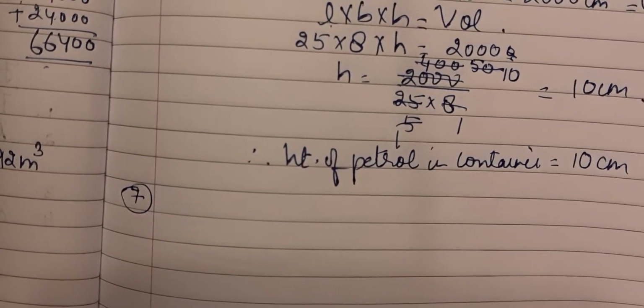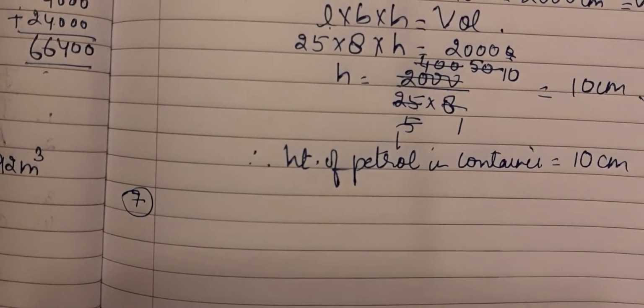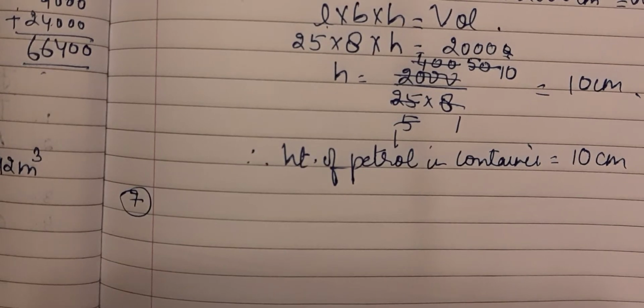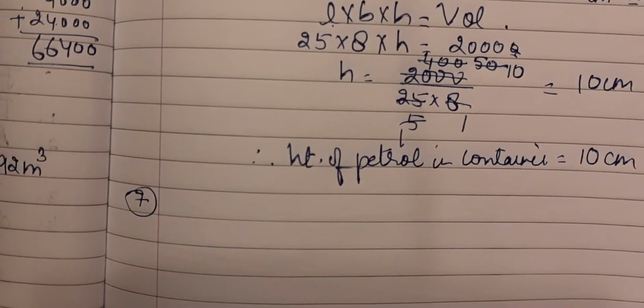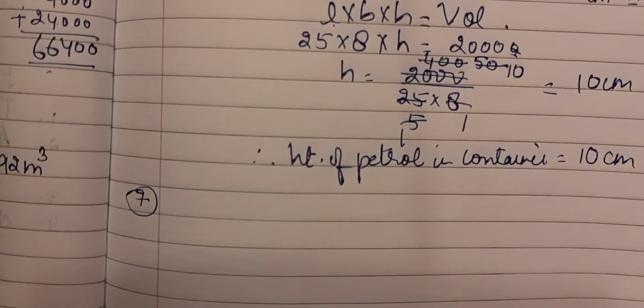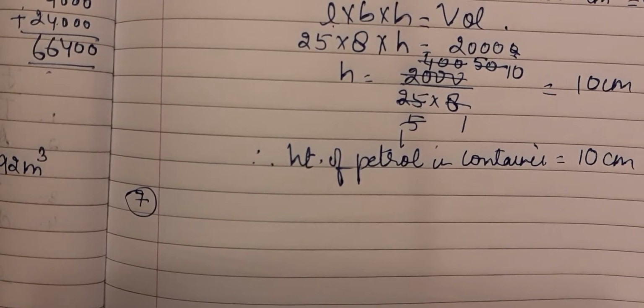Now you know that the bricks are just put one over the other to make up a wall. So the total volume of the brick, that is why you see its dimensions are given in centimeter, but the length of the wall and the height of the wall is given in meter.